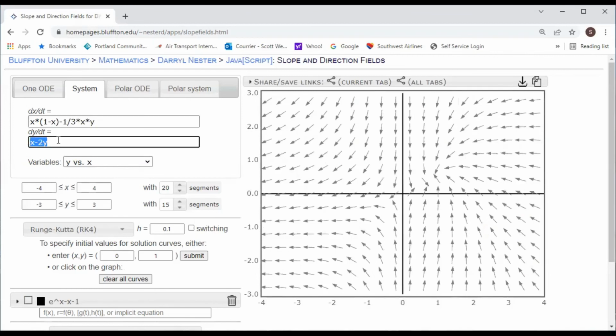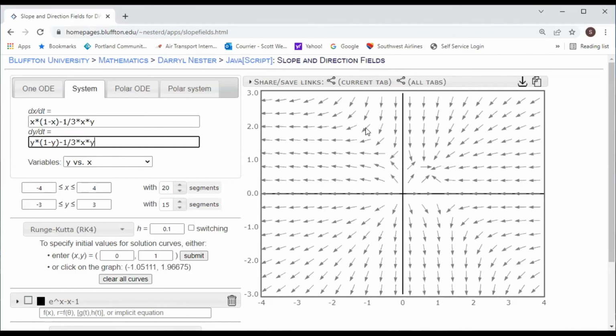And then for the y, all very similar, just y times 1 minus y to begin with, minus 1/3 times x times y.